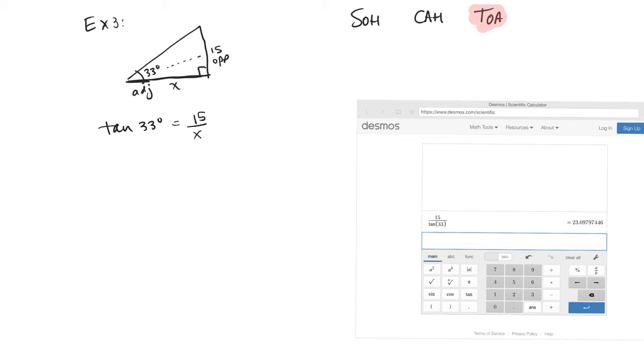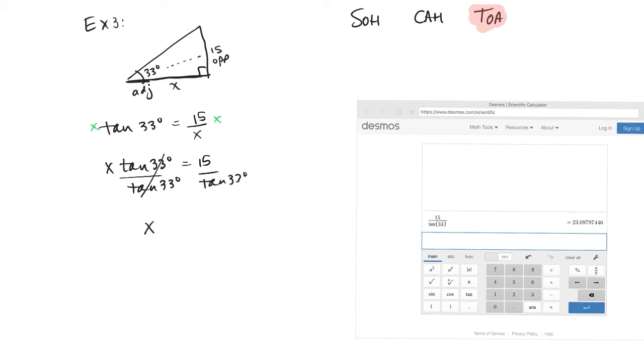And then we'll just solve for x here. If I multiplied both sides by x, then I would get x times tangent of 33 is equal to 15, and then dividing through by tangent of 33.